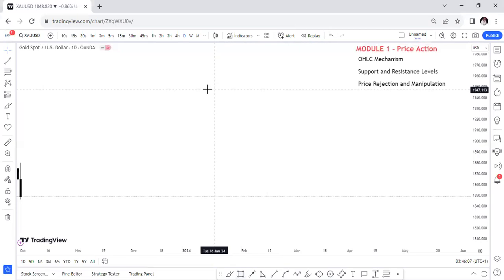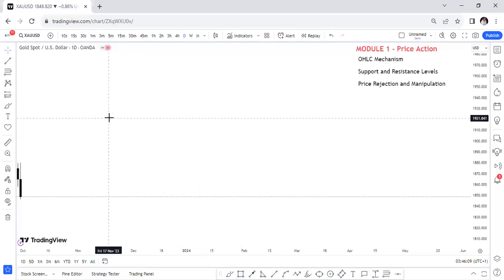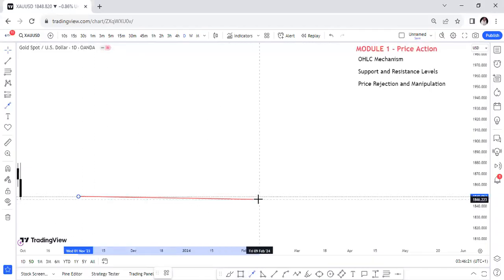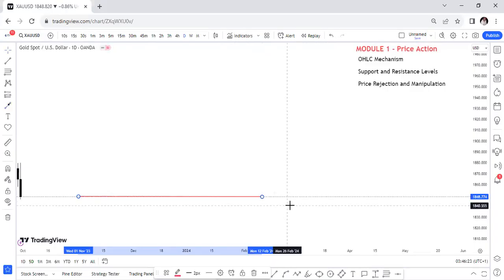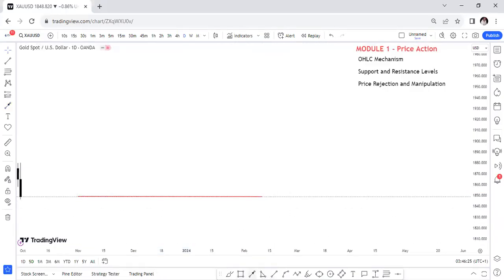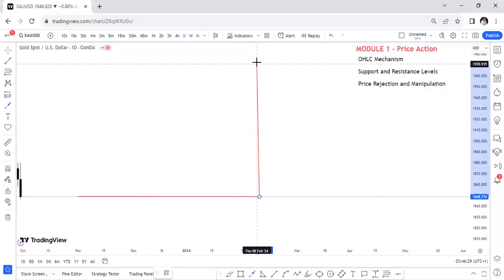Now let's go. What is price action? Price action is simply the movement of supply and demand along the price-time chart, in layman's language.